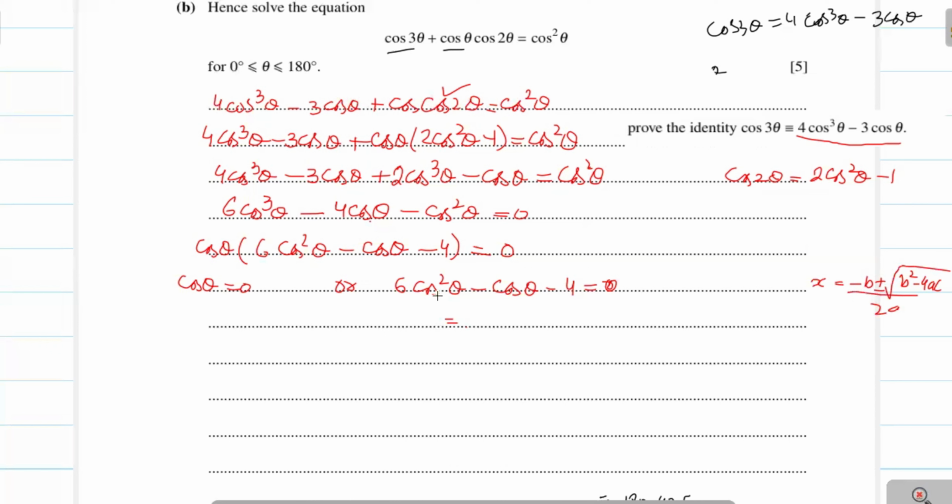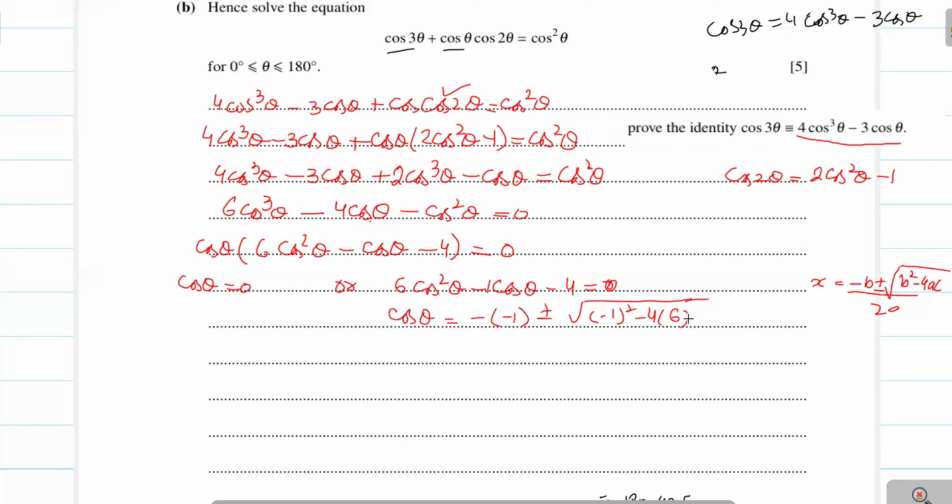Here we write cos θ in place of x. We write cos θ equals minus b, where b is the coefficient of cos θ, this is minus 1, plus or minus the square root of b squared, here b is minus 1 squared, minus 4 into a, which is 6.